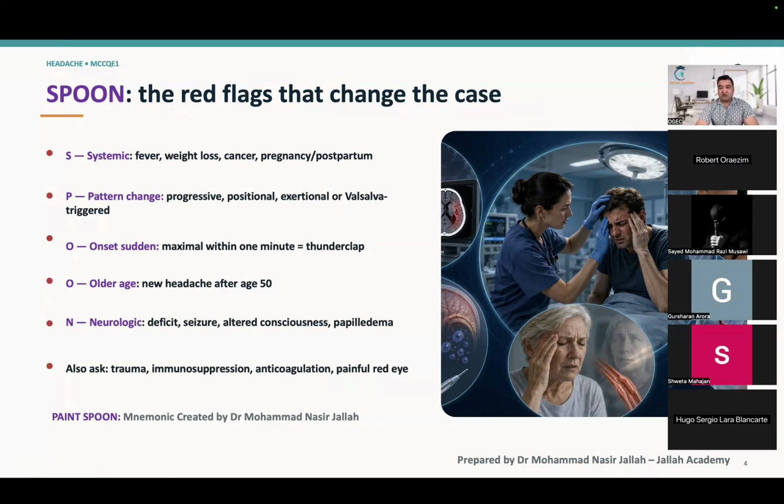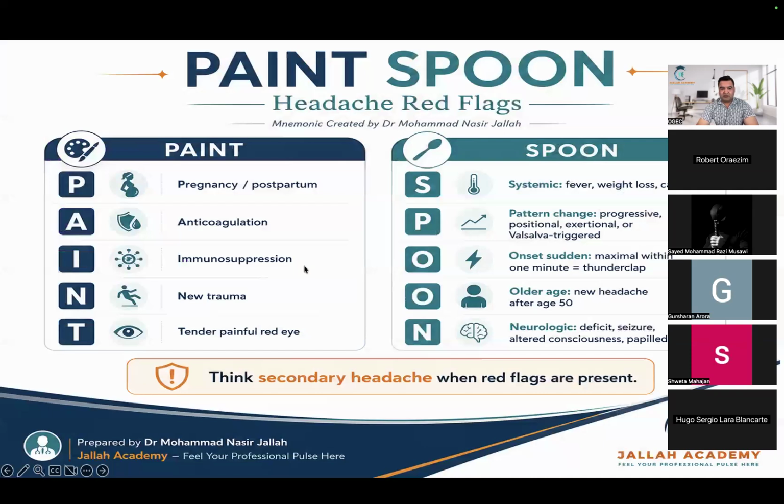It is called SNOOP, if I'm not mistaken. So I changed it to SPOON and I made it even better, PAINSPOON. There is another mnemonic. So if you want to find the red flag, check for the PAINSPOON. So let's go check the PAINSPOON. It's much better than this one.